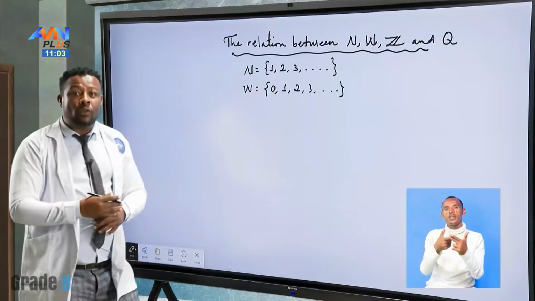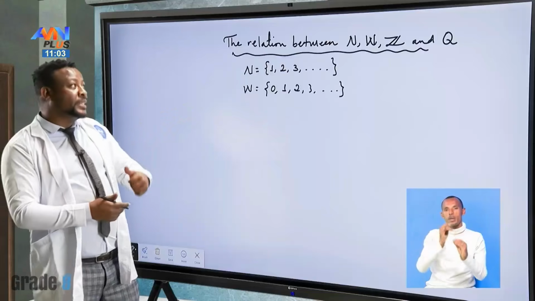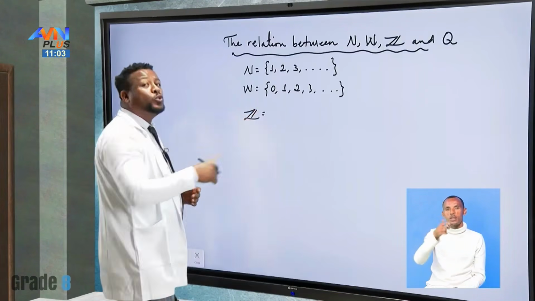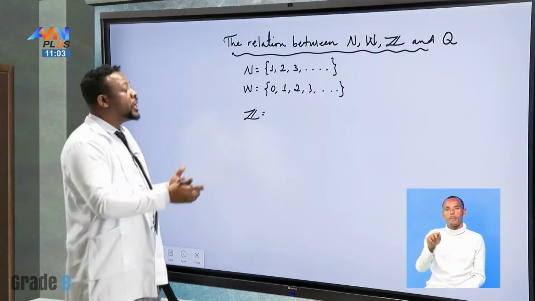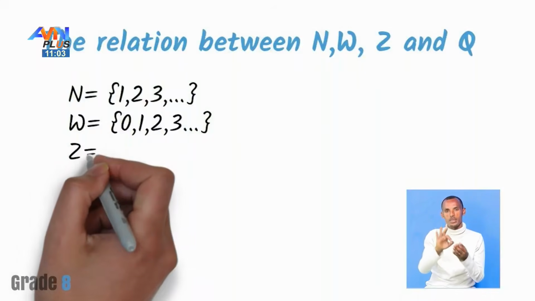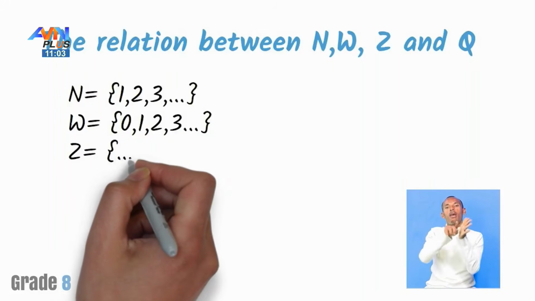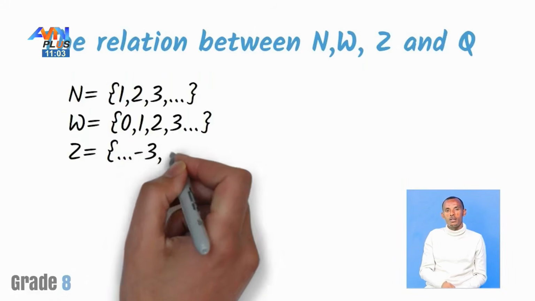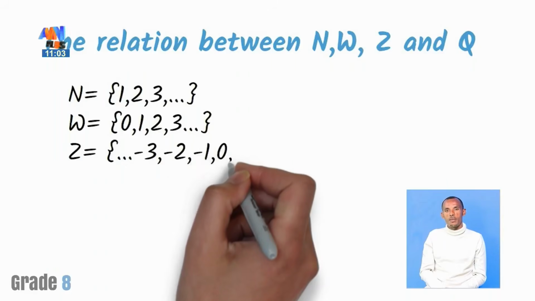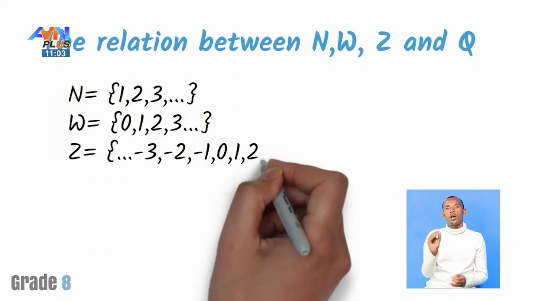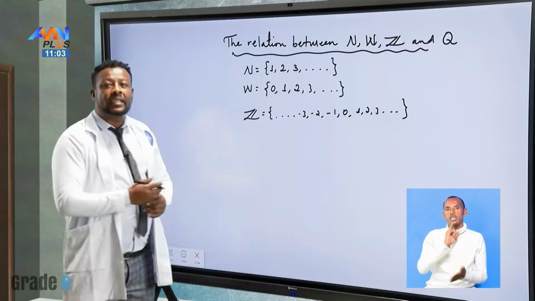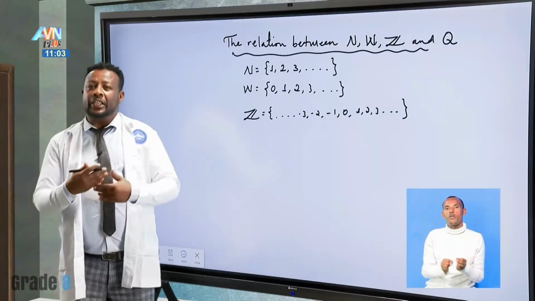The third set of numbers is capital Z, which is the notation we use to represent the set of integers. The set of integers contains negative numbers, negative 1, negative 2, negative 3, and so on, and whole numbers, right? So this is the set of integers.